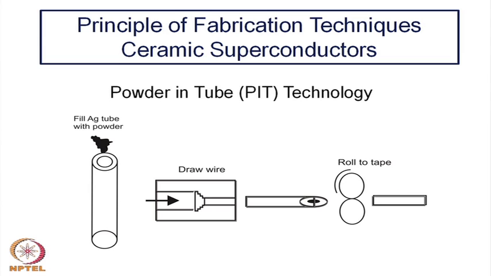So, instead of mixing silver and powders together, which may not have the desired property, normally what one does is to take a silver tube, a closed-end silver tube, and the hollow inside of the tube is filled up with ceramic powders of the right composition and the right stoichiometry.